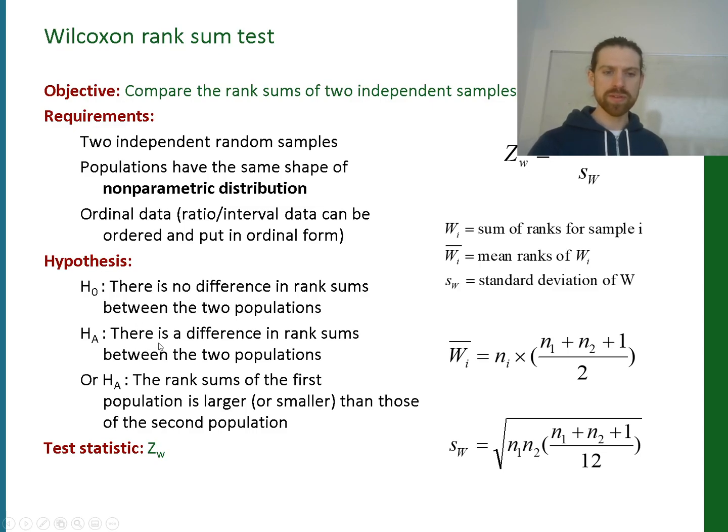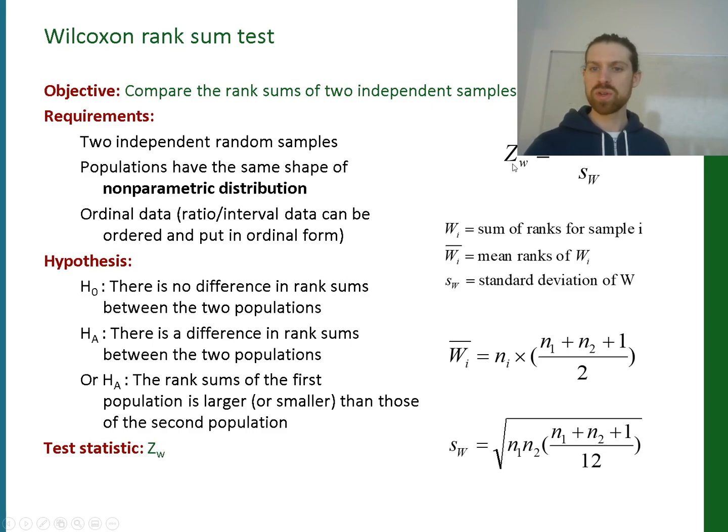The alternative hypothesis would be that there is a difference in the rank sums between the two populations. Or if we wanted a directional hypothesis, we could say that the first population is larger than that of the second population, or vice versa. Okay, and the test statistic which we're looking for here is this ZW value, so the Wilcoxon value.